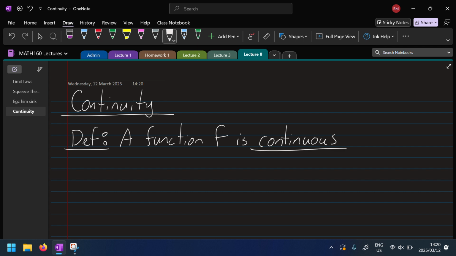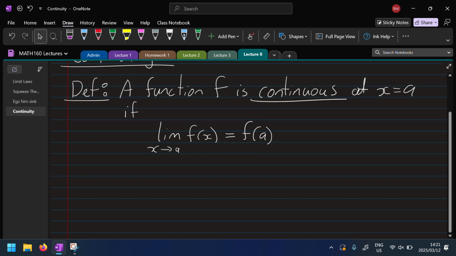Okay, so we say it's continuous at x equals a if the limit as x goes to a of f of x is equal to f at a. Okay, that is the definition for continuity. The limit agrees with the function value. Now remember, when we write down this limit, we mean two things.